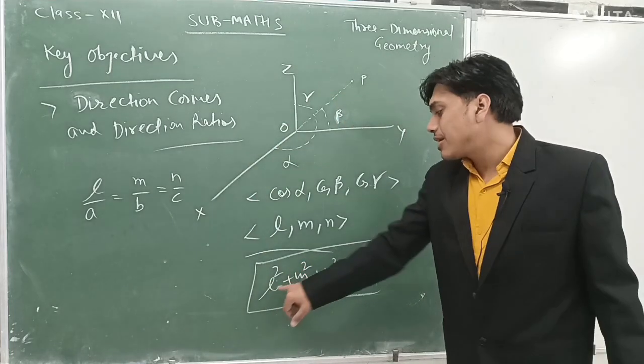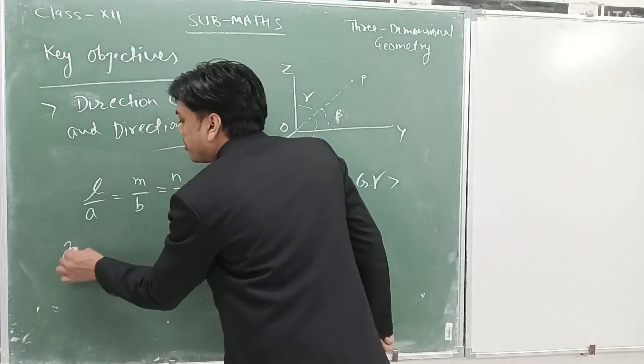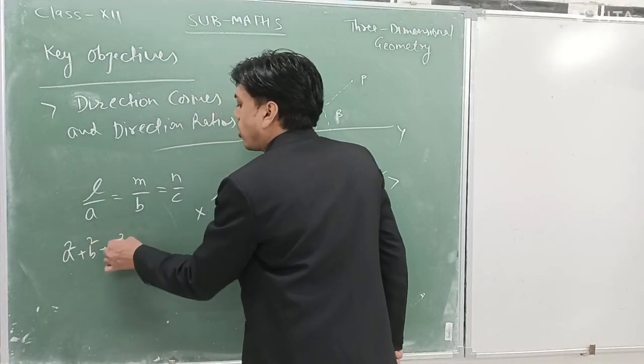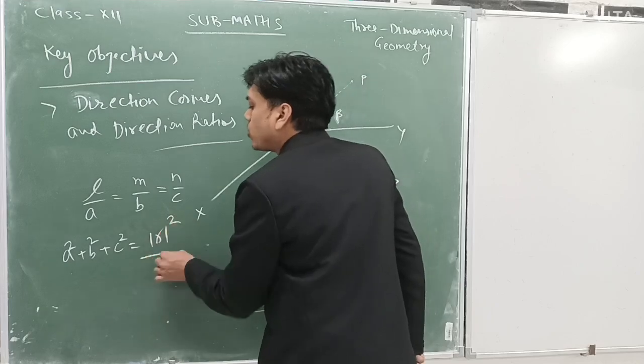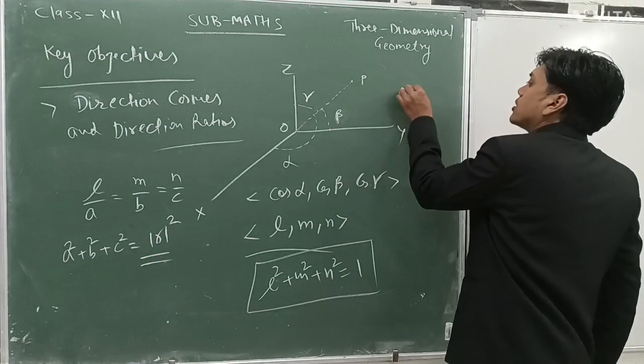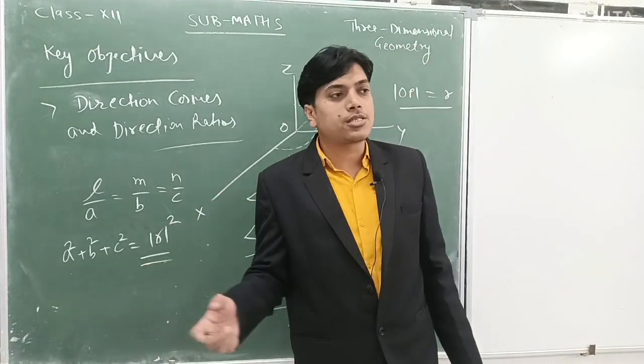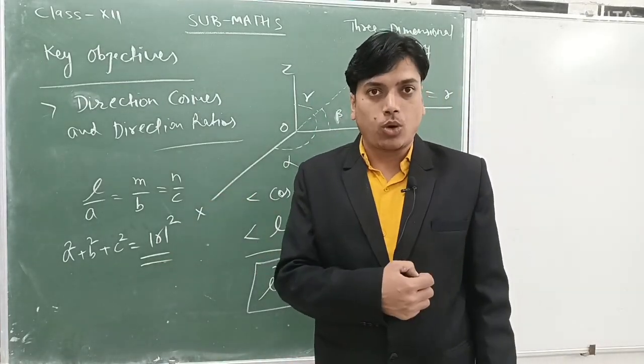And if l square plus m square plus n square is equal to 1, then a square plus b square plus c square is equal to the magnitude square of the line. Suppose the magnitude of this line OP is equal to r, then a square plus b square plus c square will be equal to r square only.